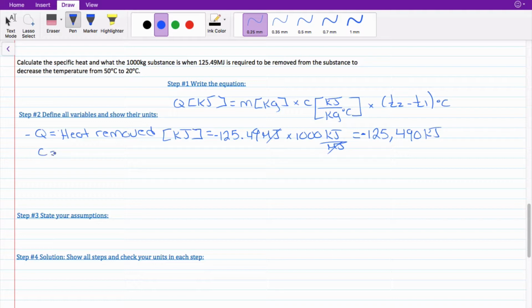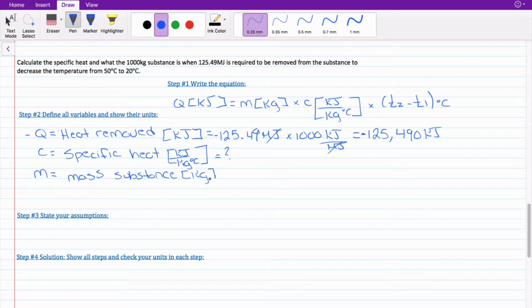Our specific heat, that's our unknown. That's what we're trying to solve for, and that's in kilojoules per kilogram Celsius. We have our mass. We don't know what the substance is. That's in kilograms. It's 1,000 kilograms.